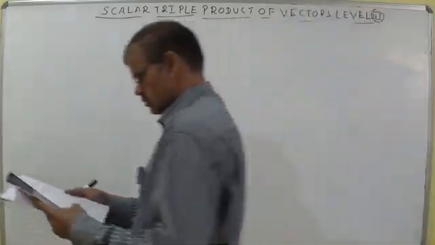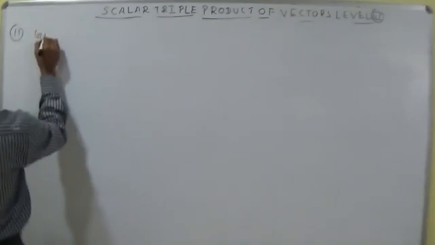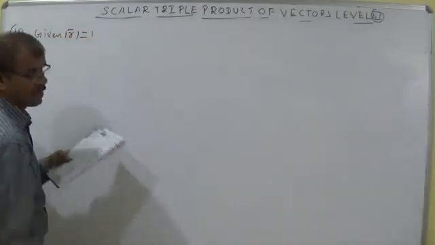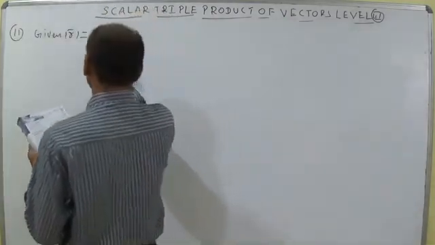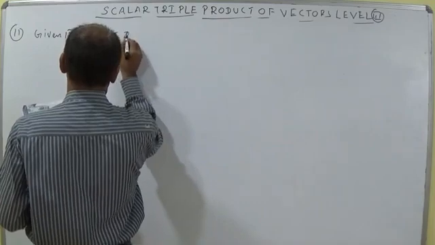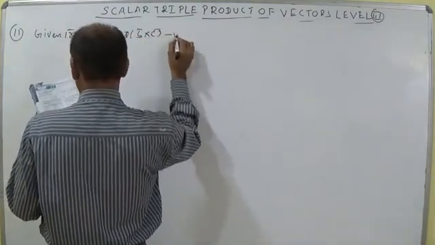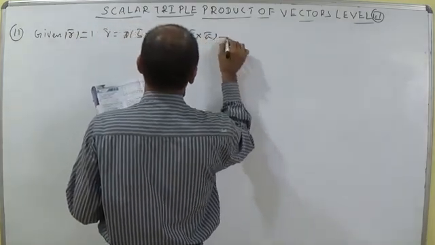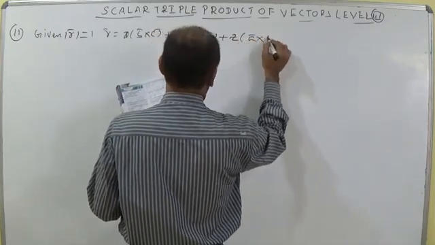Let us do the 11th question. R bar is a unit vector, given modulus of R bar equal to 1, and R bar is equal to x into B bar cross C bar plus y into C bar cross A bar plus z into A bar cross B bar.